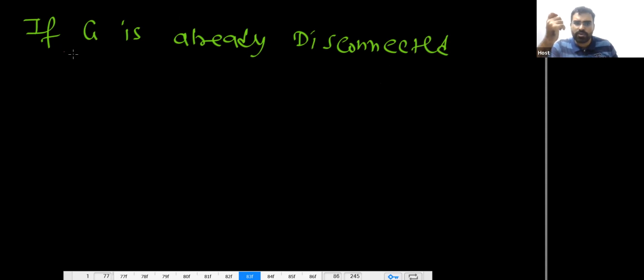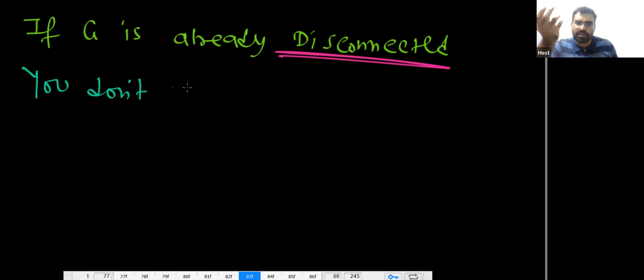Very good. See, if your graph is already disconnected, then it is okay. You don't have to put in efforts to disconnect it.